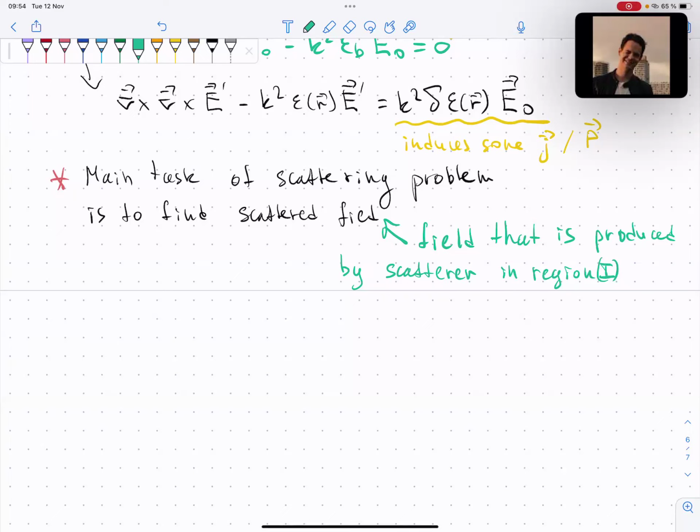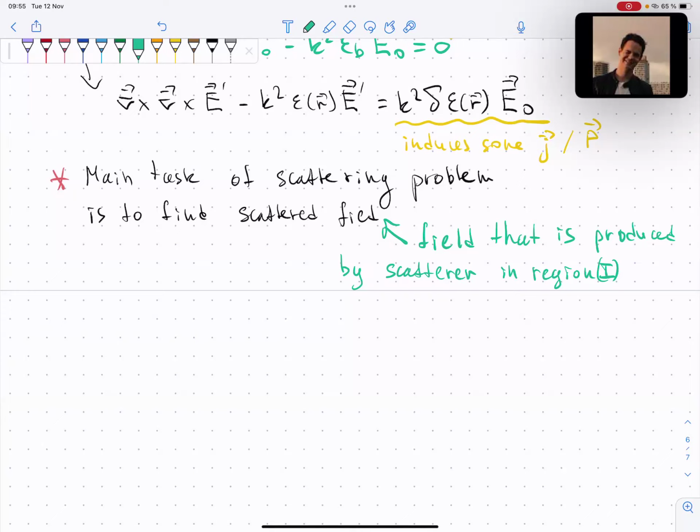So yeah, this is basically the field. For example, if you have some experiment, say we have a dielectric cylinder, and we shine light on this dielectric cylinder, and we measure some electric field, or some intensity of light in the microscope, this will be our scattered field.